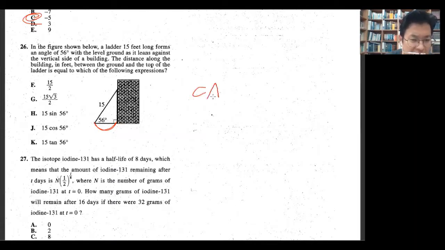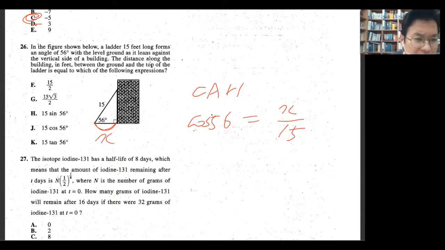So cosine 56 is, let's say this is x, adjacent over hypotenuse. So it's 15 times cosine 56. Is it the one that we're looking for? Distance along the building between the ground. No, this one is x.